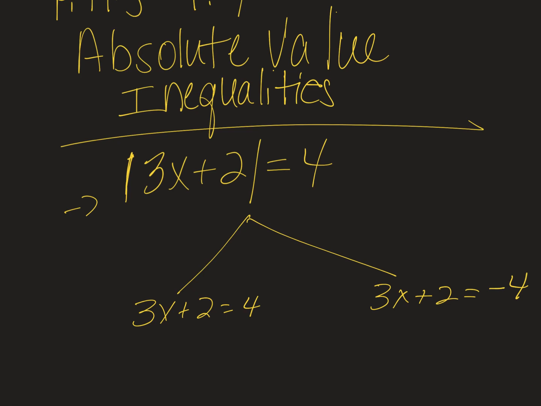Now, it's a little different, but very similar. The absolute value of a number is the number's distance from 0, okay? So that's really what absolute value is.